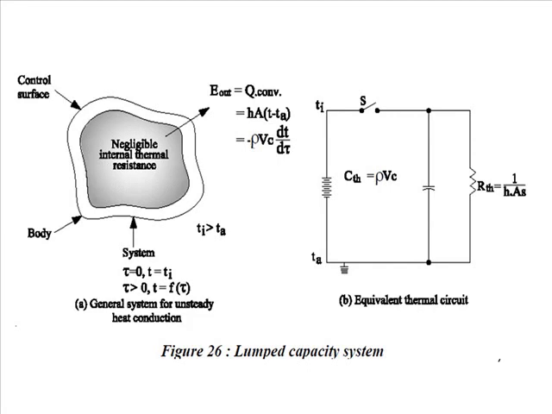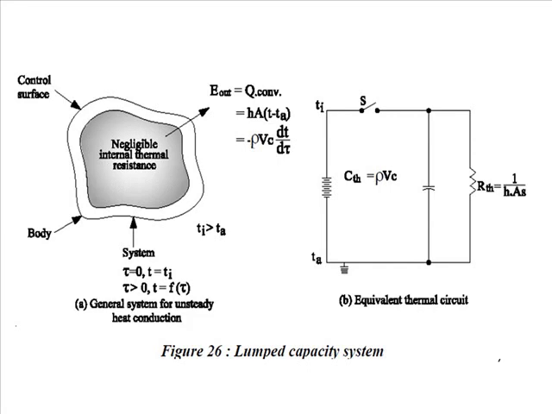So friend, you can refer to figure number 26A, the general system for unsteady state heat conduction, where you will observe a very small body with negligible internal thermal resistance, meaning thermal conductivity is high, plus a large surface area compared to the volume.